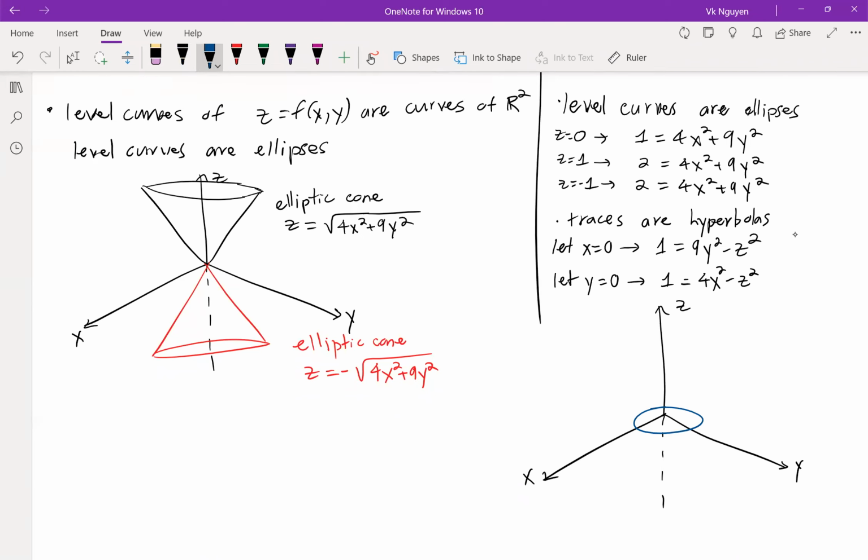At z equal 1 and z equal -1, we get the same thing. I'm going to use a different color here. And so on and so forth.